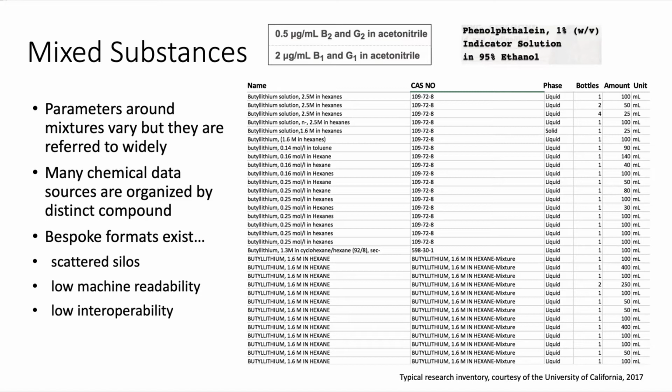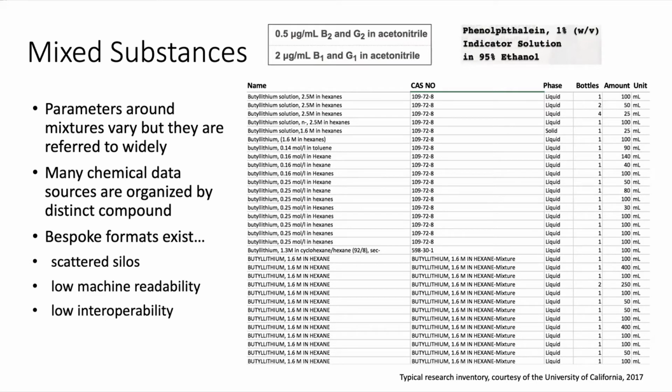We need information about relative ratios between components. There's a few places where people have taken the time in their own local data stores to organize information about multi-component systems because it matters to them.